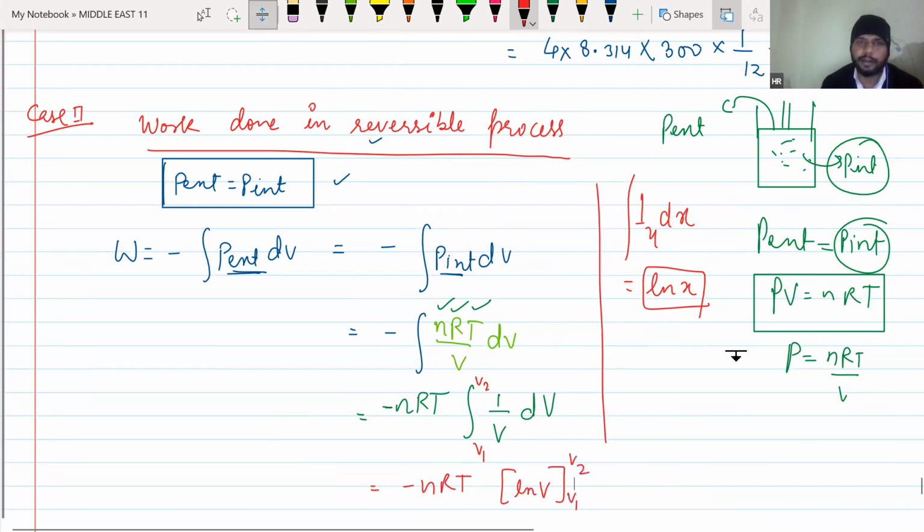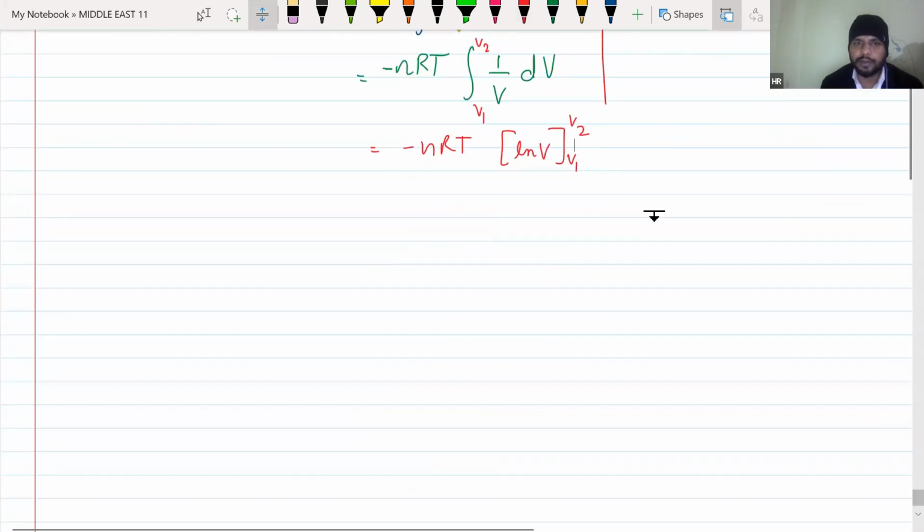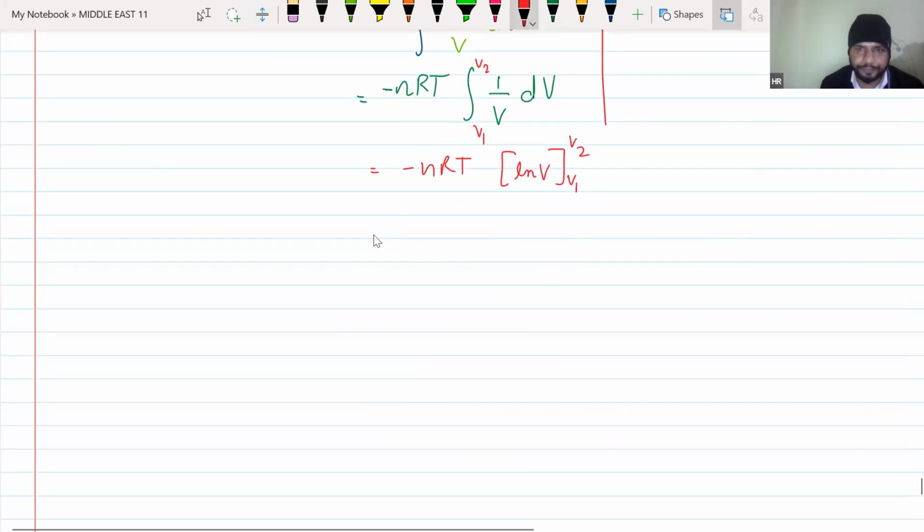We can easily write, okay, just see. So we can also write nRT, upper limit minus lower limit. So it will be ln V2 minus ln V1.